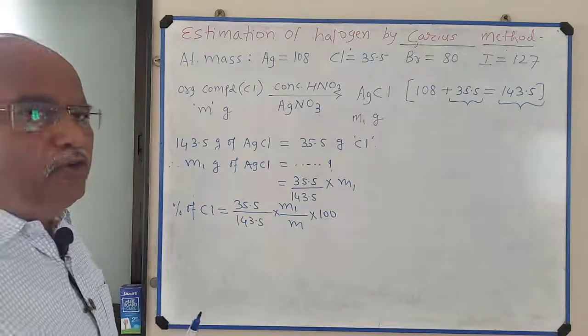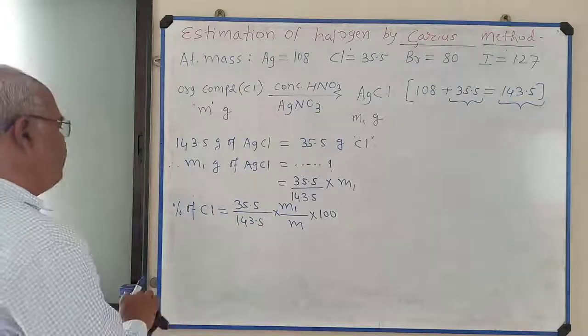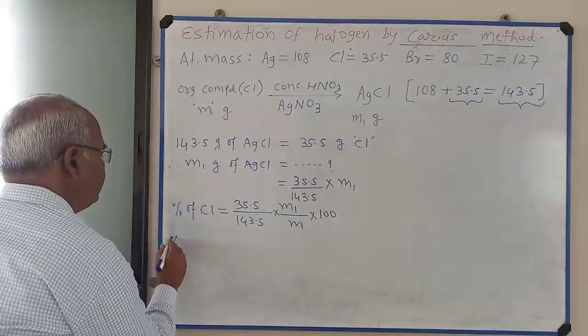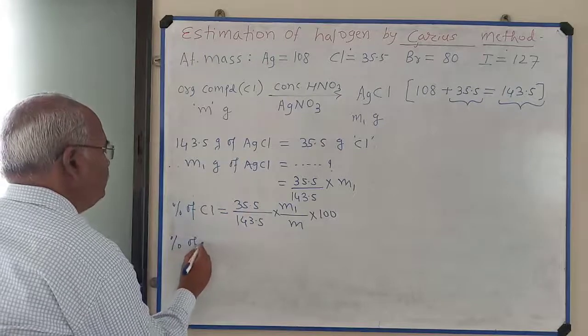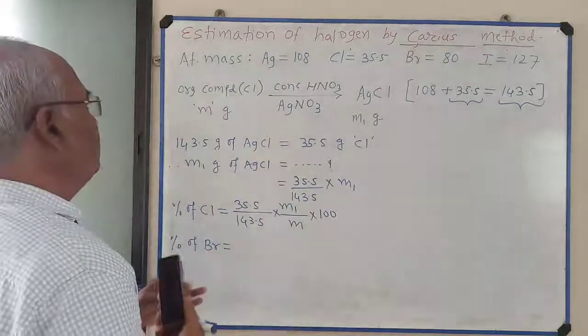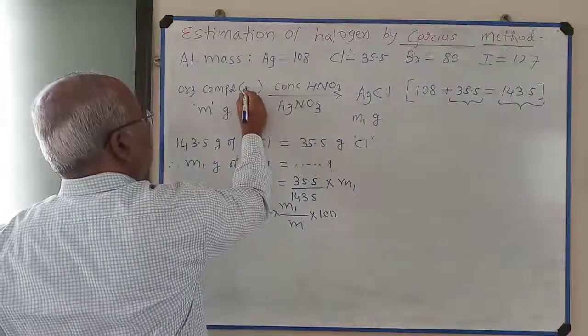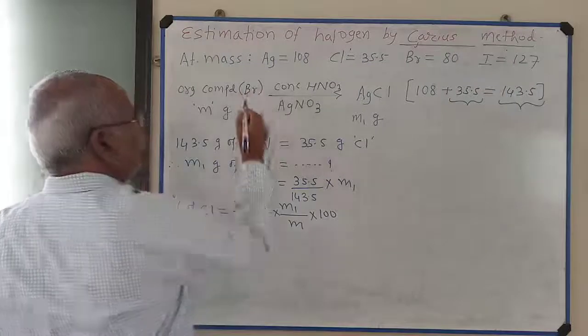Then I am going to write the formula for percentage of Br. Suppose m gram of organic compound contains bromine.